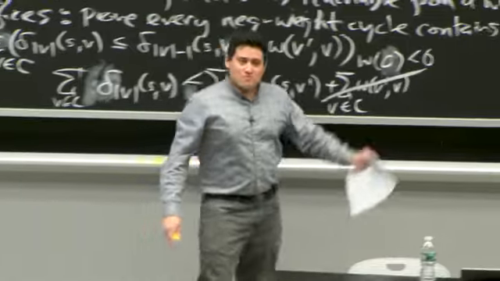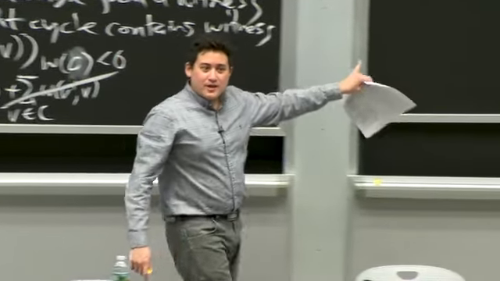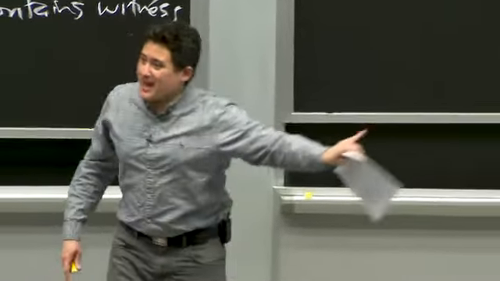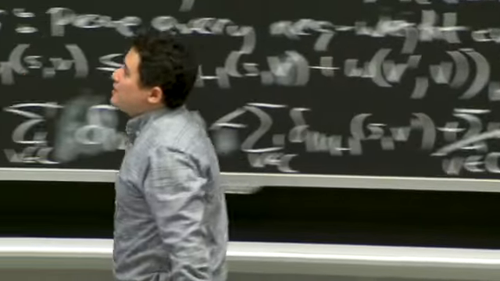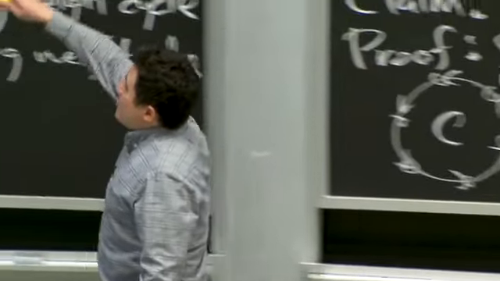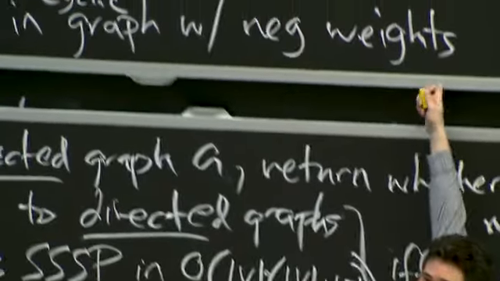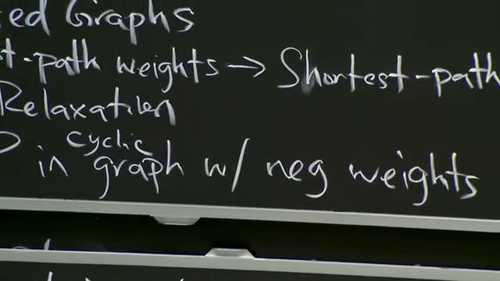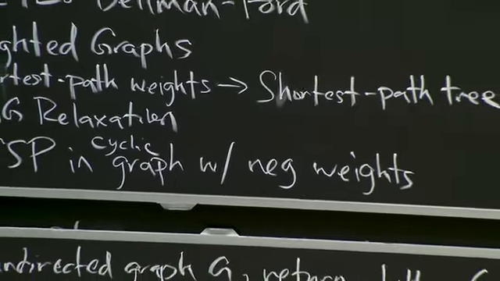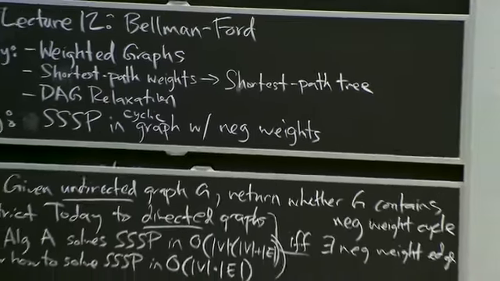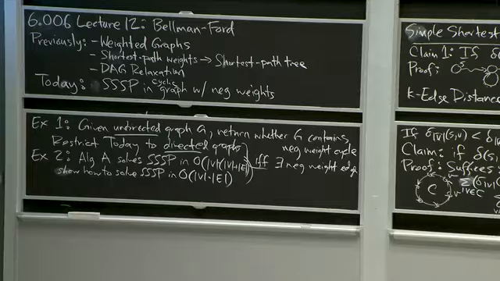I'm going to show you a modification that is a little easier to analyze and has this nice property that we're going to be able to use the algorithm to give us a negative weight cycle if it exists. Okay? So we're going to say this is maybe a modified Bellman-Ford.